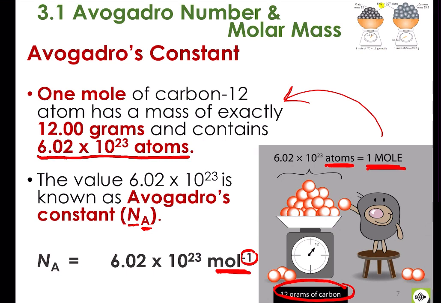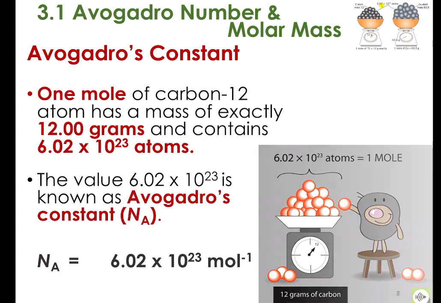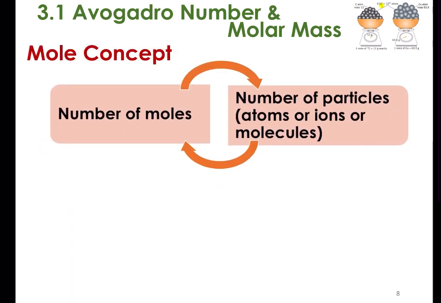Okay, let's get into how you do the calculation. So, how do we do the calculation? You have to understand, we have learned about the number of moles. So, how is the number of moles related to the number of particles? We will use Avogadro's number.